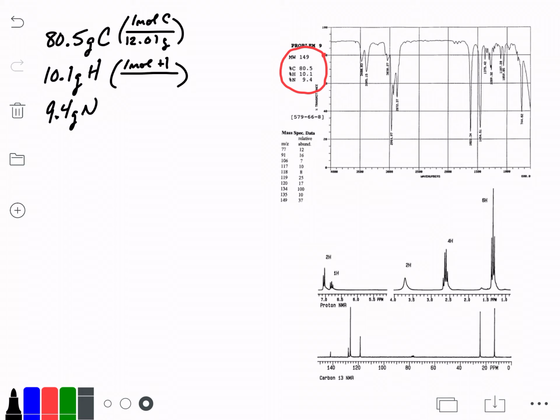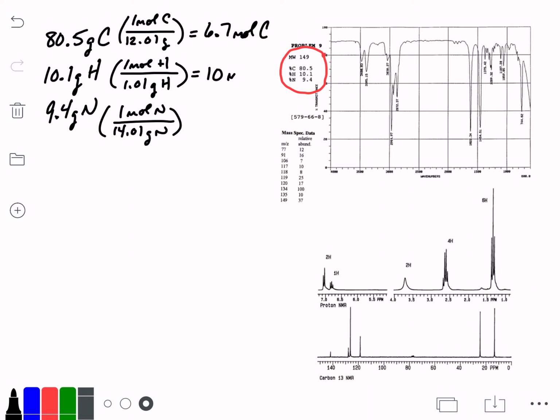Back in Gen Chem we learned that if we wanted to develop an empirical formula, we would divide each one of our materials to make them into moles using their masses from the periodic table. And when we do that, we're going to get some numbers.